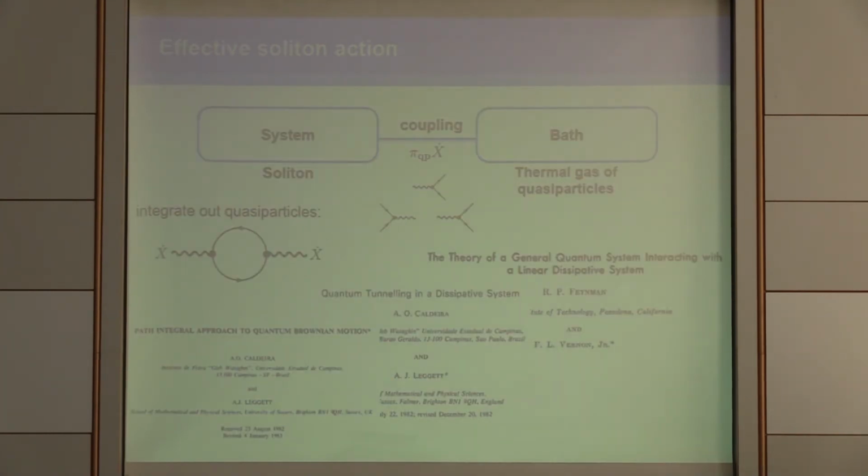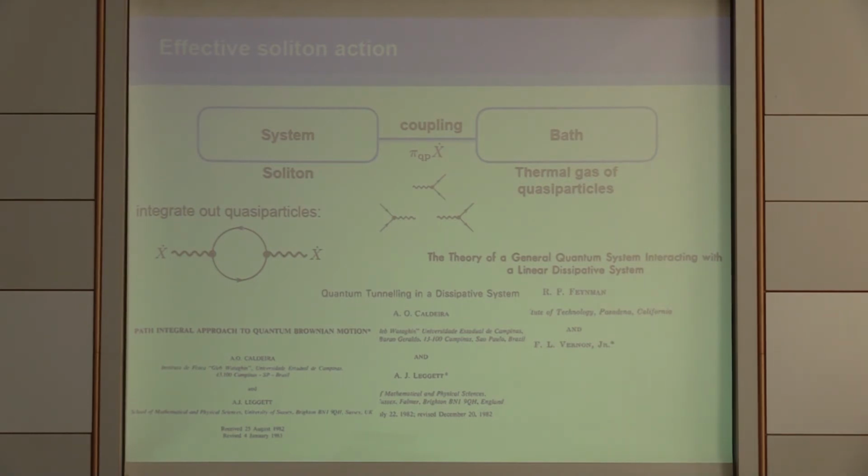And so what we have now on a microscopic level is something that is very well known in physics and familiar from things like the Caldeira-Leggett model, for example, where we have a system, in our case that's a soliton, and some coupling, this is the emission or scattering of quasi-particles, to a bath, which is provided by these Bogoliubov excitations.